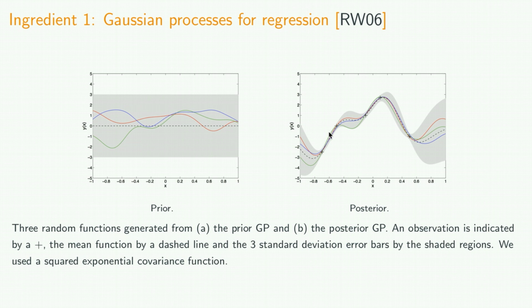And so we have the mean function, the dotted line, and here we have the corresponding draws from the Gaussian process. And then we have also uncertainty around this mean function. And so we see that near the evaluations the uncertainty reduces, and when you go away from evaluations, you have an increase and more variability.